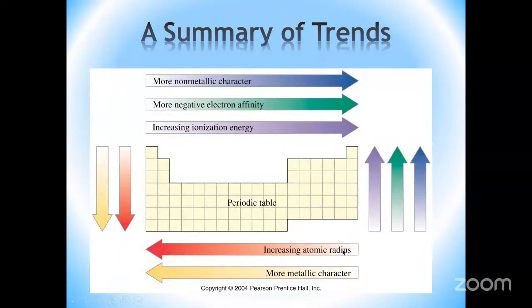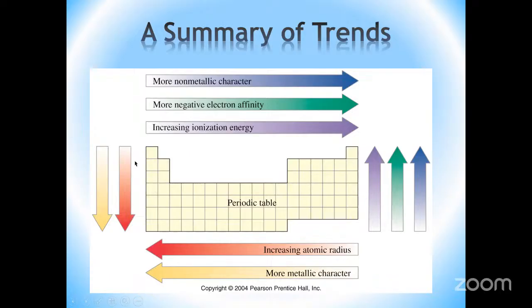This is a summary of all the trends that we have discussed. Just to briefly recap, as you go from left to right of any period, the non-metallic character increases, the electron affinity becomes more negative, and there's also a corresponding increase in ionization energy. If you go from right to left, there's an increasing atomic radius, and the element becomes more metallic.